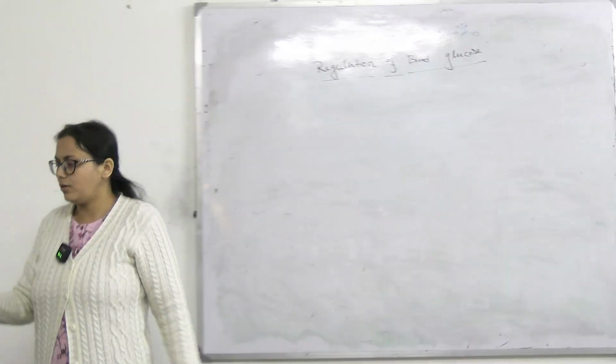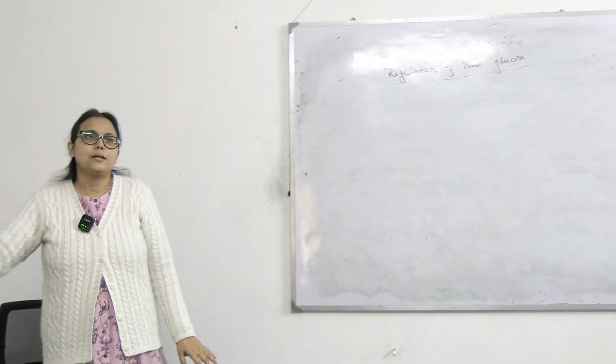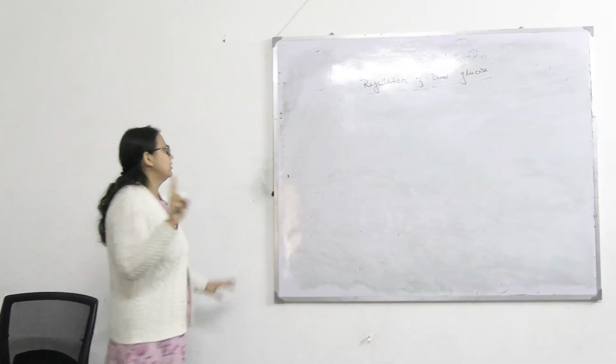Now the concentration of blood glucose is maintained by two sets of factors.